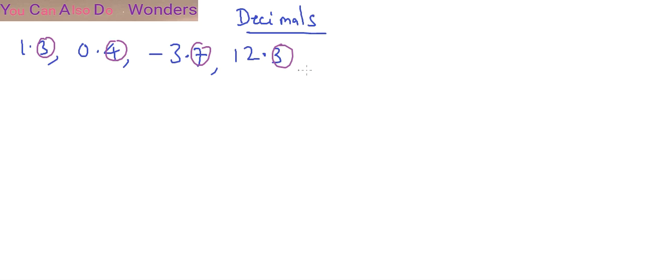So that means decimal numbers having the same number of decimal places are called like decimals. So these are all examples of like decimals.